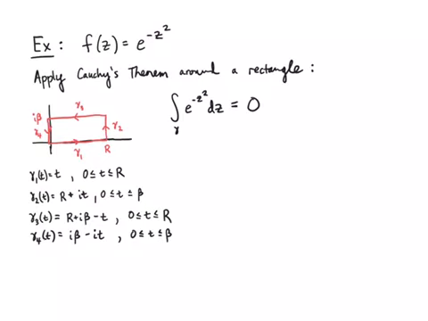And so explicitly here, we can write out what Cauchy's theorem is telling us. So we'd have that 0 is the sum over all of these gamma i's of e to the minus z squared dz, i from 1 to 4.